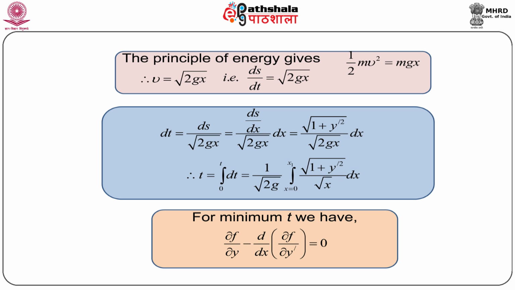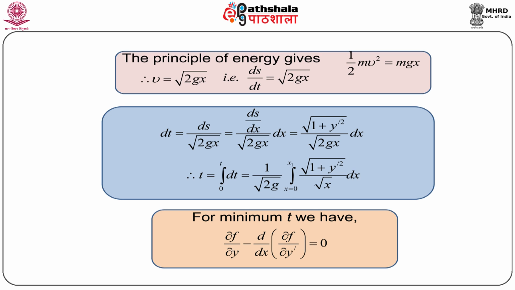At t equal to 0, the particle is at the origin, so x equal to 0. At t equal to t, the particle reaches the end point, that is point P1, so it becomes x1. So, t equal to integration 0 to t of dt equal to 1 divided by root over 2g, integration x equal to 0 to x1 of square root of 1 plus y dash square divided by root over x into dx. For minimum t, from Euler-Lagrange equation we have this relation.